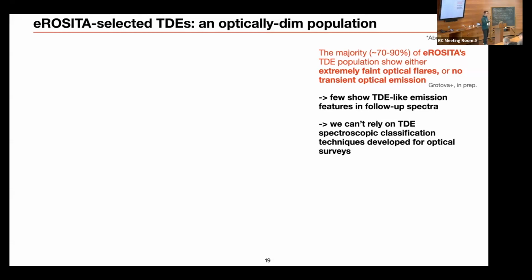And so you can't necessarily rely on spectroscopic classification techniques that you've developed for optical surveys for these eROSITA-selected TDEs. So effectively with eROSITA, we just see an X-ray flare, and then you don't really see a response in the optical.